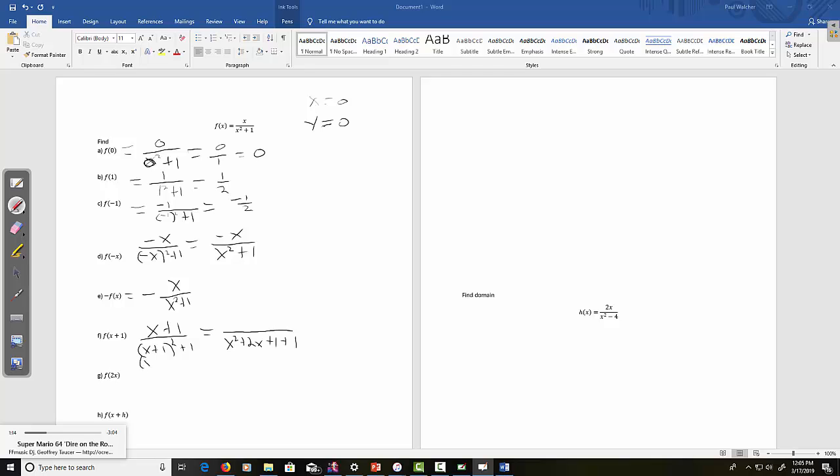Don't forget, when you square, exponents do not distribute, so you are going to have to FOIL out x times x, x times 1, 1 times x, 1 times 1. And on the top isn't going to change at all. Honestly, I can just ignore that for a while, but we'll keep it in there. X plus 1 over, and I can combine my two 1s on the bottom, so I'll have x squared plus 2x plus 2. And there we go.